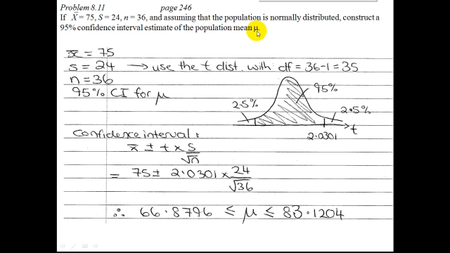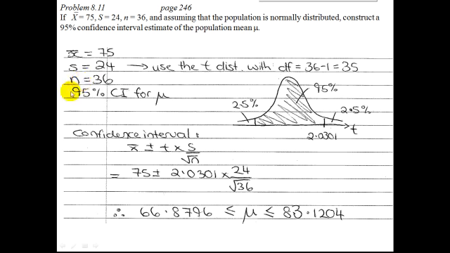Straight away, when we're looking at confidence intervals for the mean, we know we have to think about whether we have sigma or whether sigma is unknown. Now, if we summarize the values that we've got in this question, we've been given the sample mean 75, sample standard deviation is 24, sample size 36, and we know it's a 95% confidence interval.